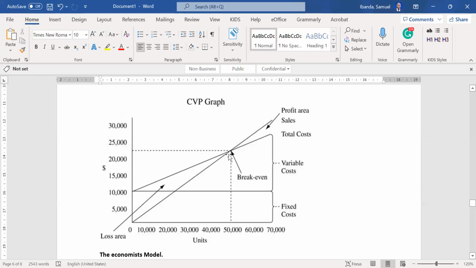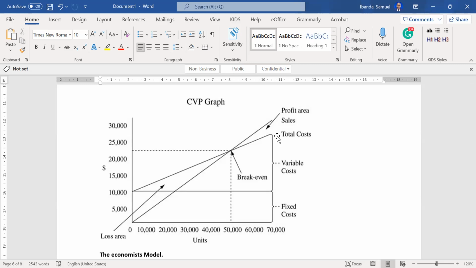Now, from a layman's understanding, you'll realize that if total revenue is equal to total costs, the profit is 0. And it is from this break-even point that the business starts to make profits.